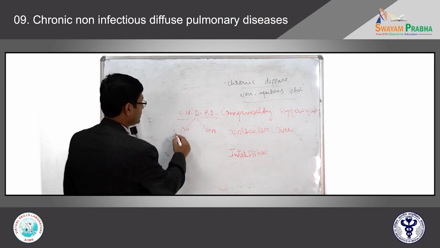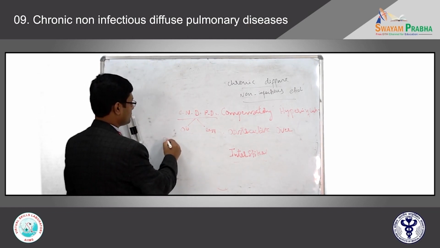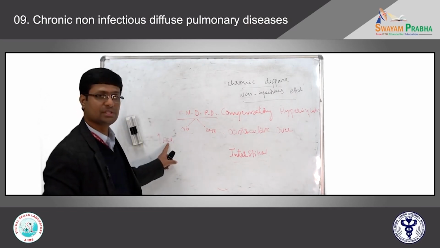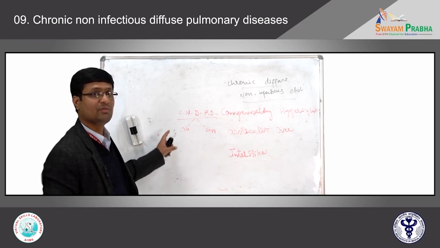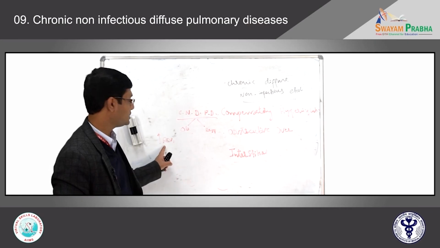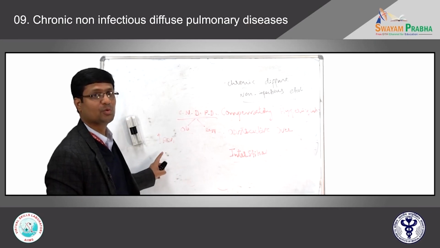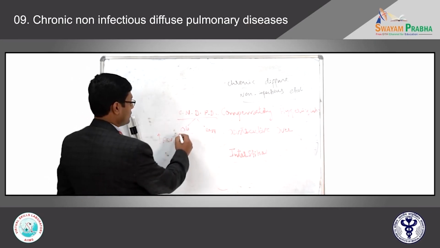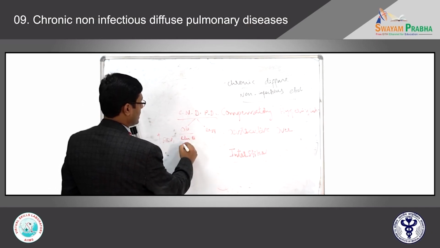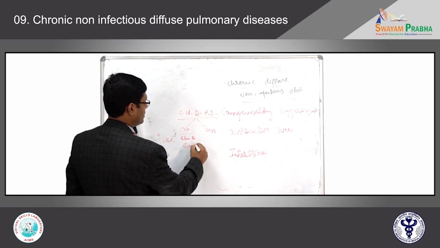In obstructive lung diseases, what will happen? Forced expiratory volume in 1 second will be grossly decreased. Obstruction will be present anywhere between the trachea to the bronchi, bronchioles, and even respiratory bronchioles. Elastic recoil of the lung will be normal. In this, we have chronic bronchitis and emphysema.